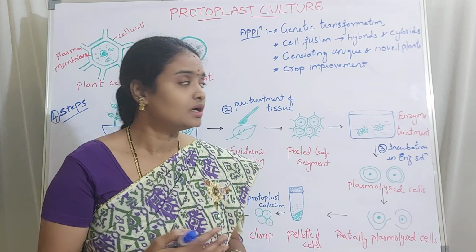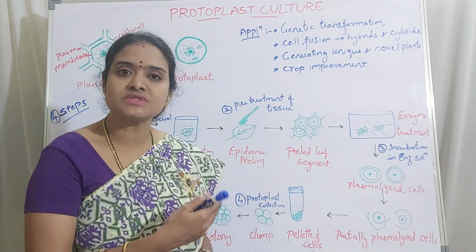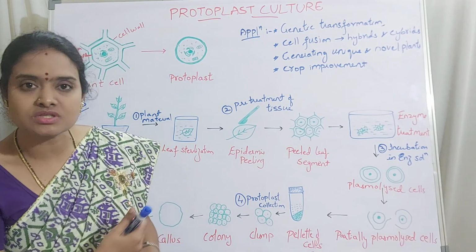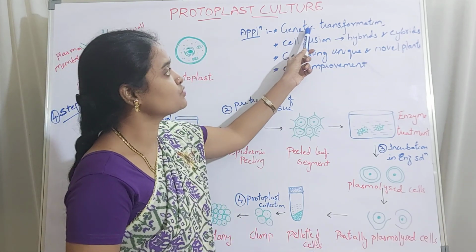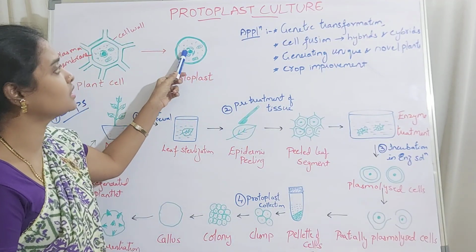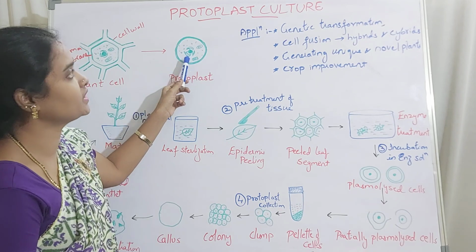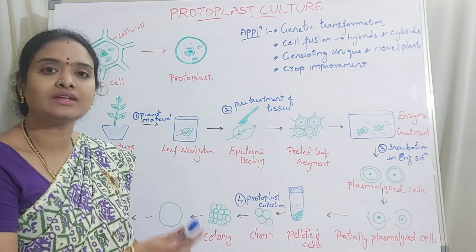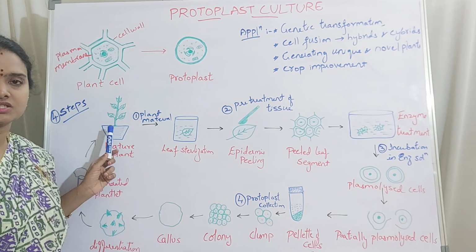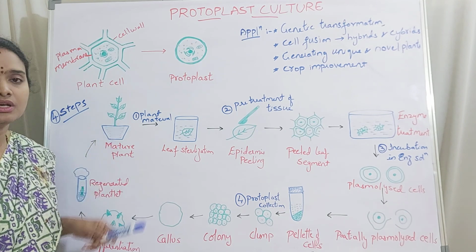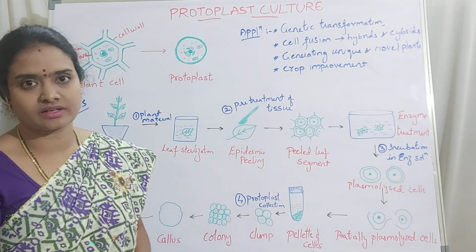So like that you can introduce some gene, otherwise you can introduce some gene so that the plant cell will produce certain secondary metabolites. Right? So like that you can transform the protoplast by introducing the gene of interest, and then go for the protoplast culture so that that particular plant which is produced by this protoplast culture after genetic modification will produce the plant which will have those beneficial characters, right?